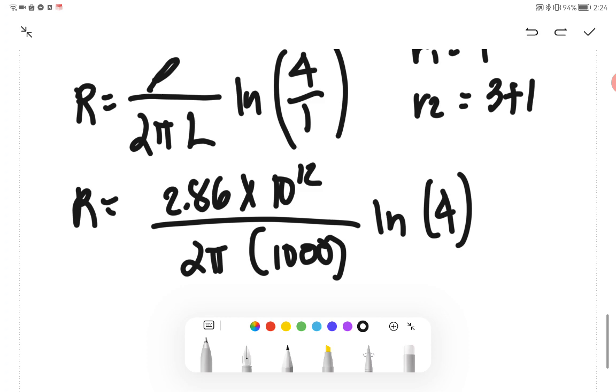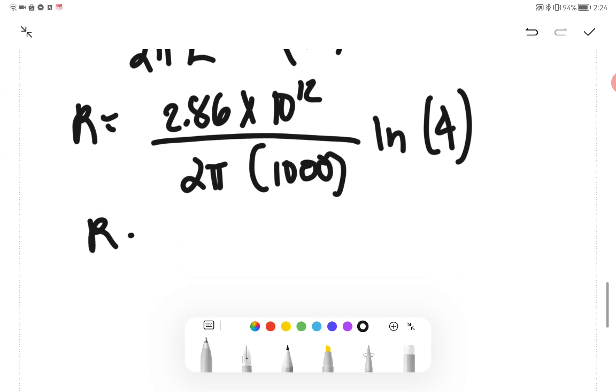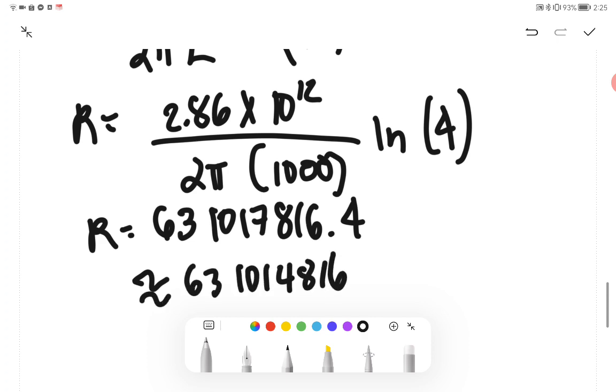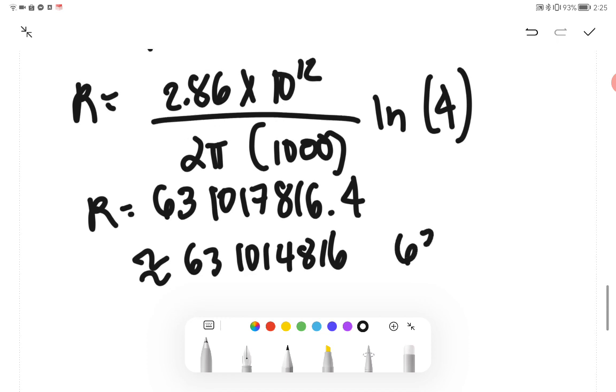Okay, so we will calculate it. We will have the value of 6316816.4, or approximately 631 mega ohms.